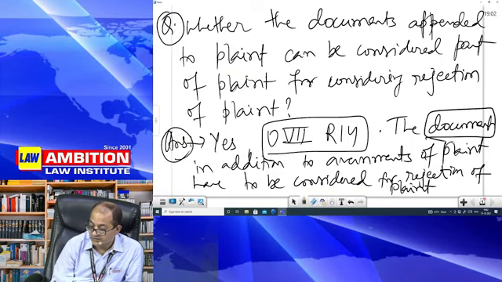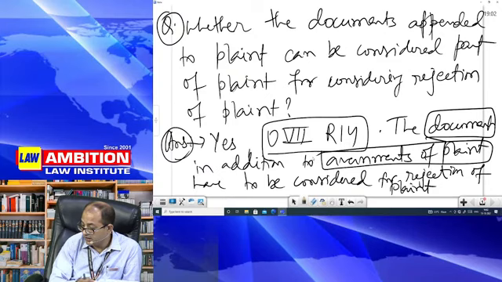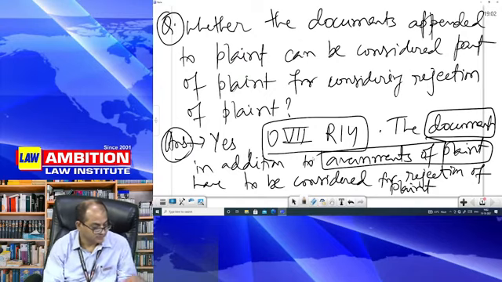Document cannot be left out. It is to be considered along with the copy of the plaint. Document is a necessary ingredient on which we are going to rely in proving our material facts. So it is necessarily to be looked into. So there should be no doubt in your mind at all.